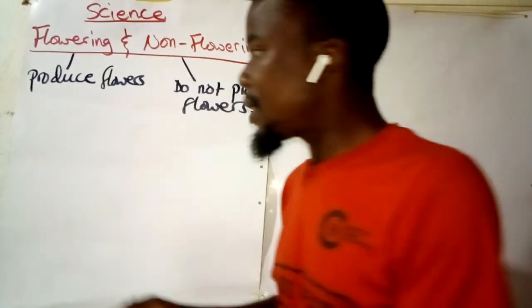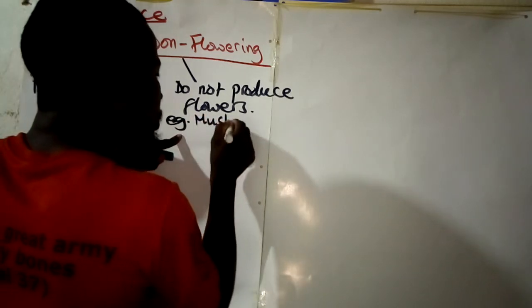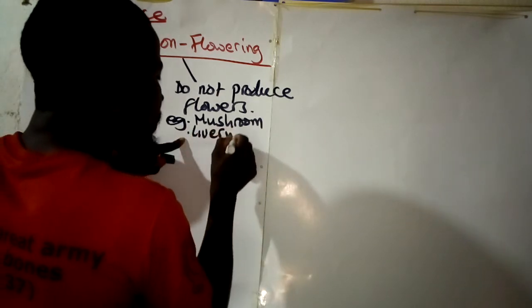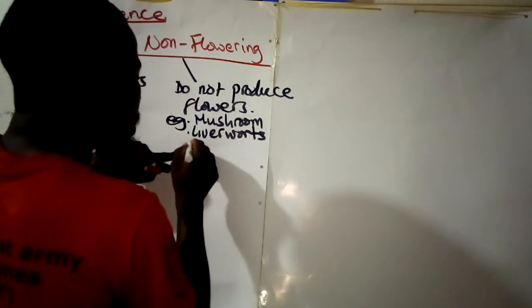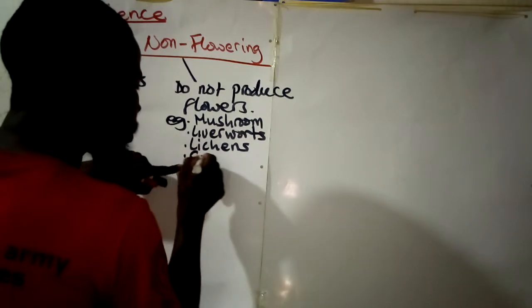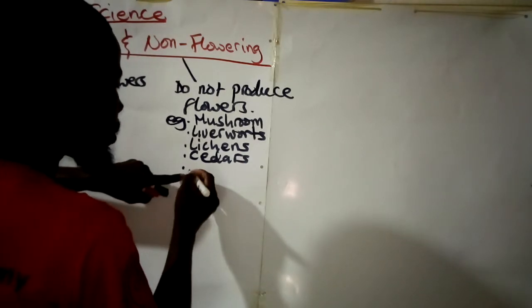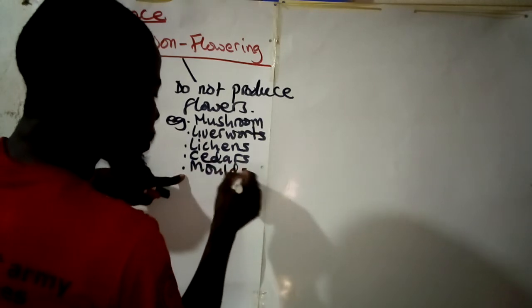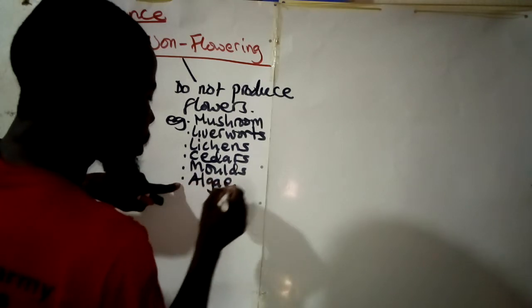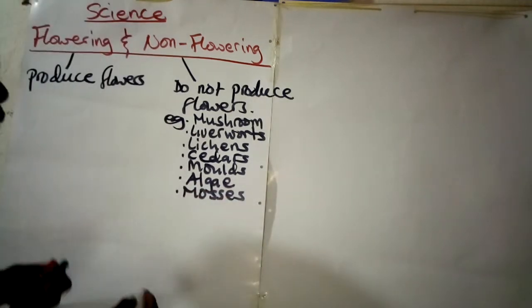So let's look at the examples of these. E.g., mushroom, liverworts, lichens, cedars, algae, mosses, and so many examples.